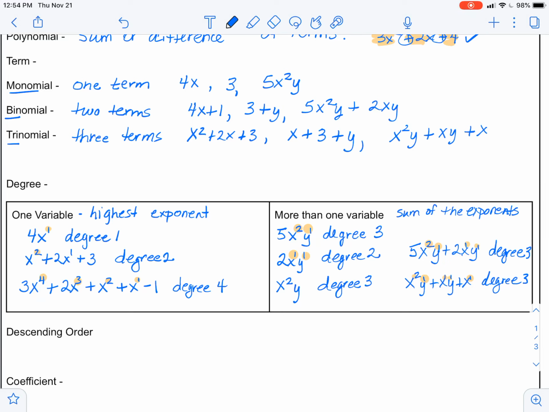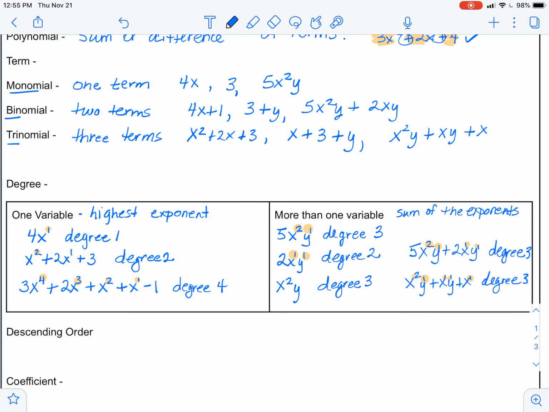Okay, why do we need to know the degree? Well, one of the things that's going to help us know what kind of a graph we have, whether it's linear or quadratic or cubic. And when I make those kind of comments or I use those words, that's telling you what degree you have, okay? The other thing that we use the degree for is how we write our answers all the time. And we write them in what's called descending order.